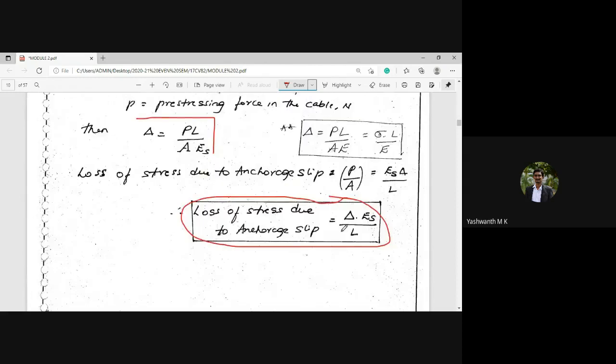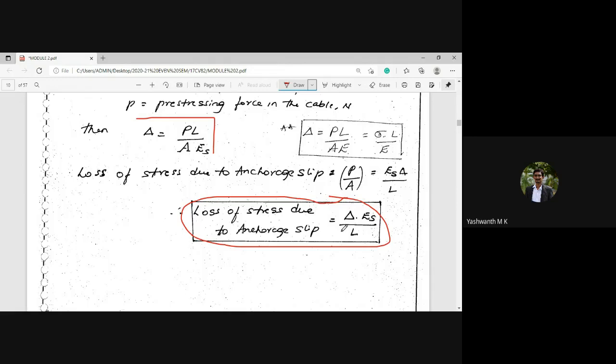These are all the losses you are going to come across while analyzing the PSC beam. In module number 1, you learned how to transfer the pre-stressing force in the cable.